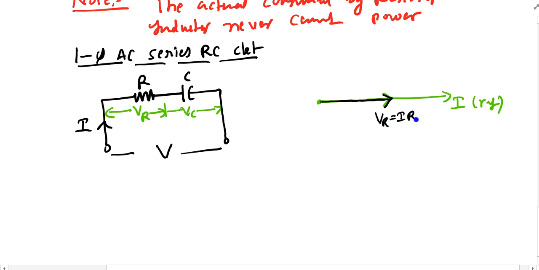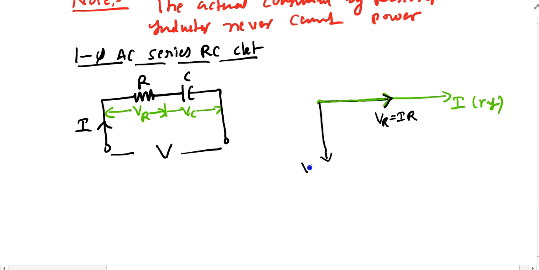Now we'll come back to only a capacitor. If it is a purely capacitive system, then in the current and voltage relation, your current leads voltage by 90 degrees, or your voltage lags current by 90 degrees.